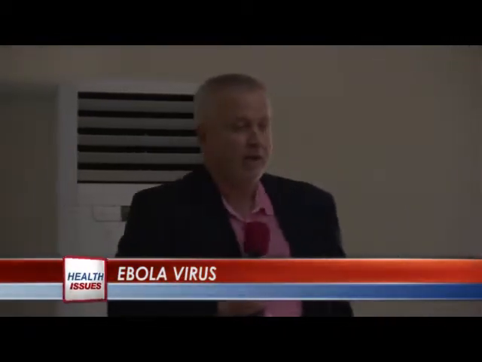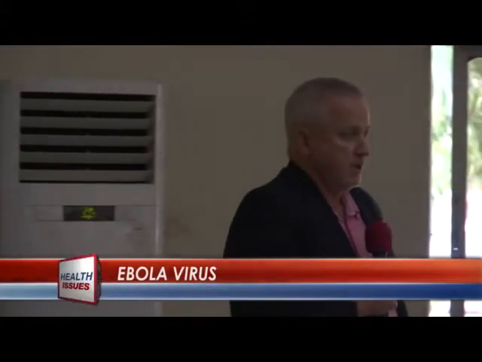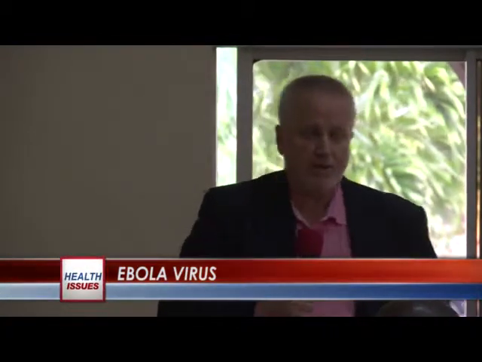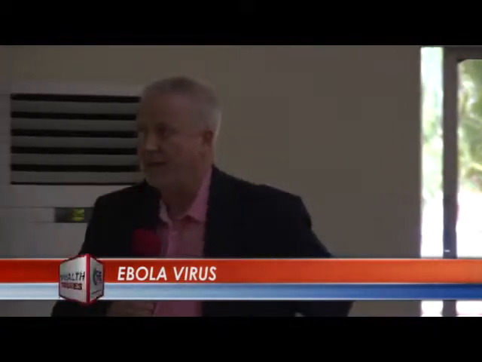Hunting and exposure to dead wildlife are the most common causes for index patients. Then these patients can expose other humans, and you get human-to-human transmission. And that's certainly what's driving the outbreak in West Africa at this time.